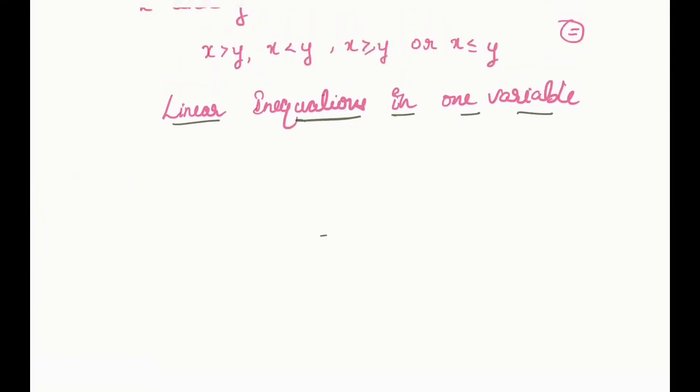If A, B and C are real numbers, then each of the following is called a linear inequation.